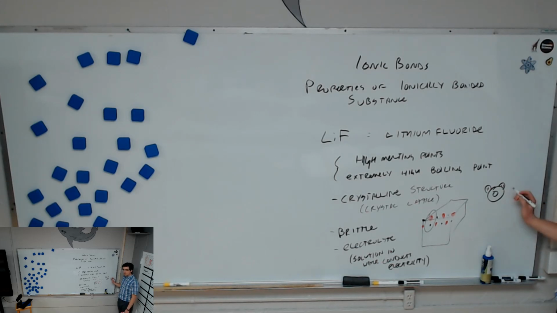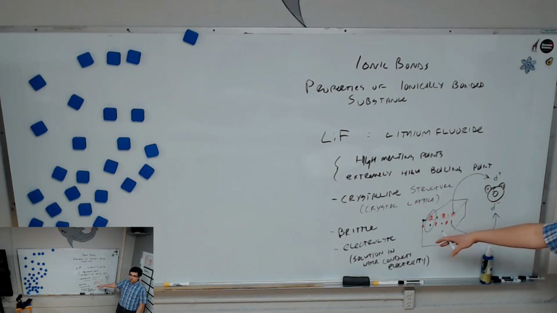This is a polar molecule, meaning that the electrons like to hang out with the oxygen more, so this gets a partial negative charge, and they like to hang out with the hydrogens less, so it gets a partial positive charge. Basically, the fluoride, because it has a negative charge, is attracted to this end, and the lithium, because it has a positive charge, is attracted to that end, and the water rips this apart.